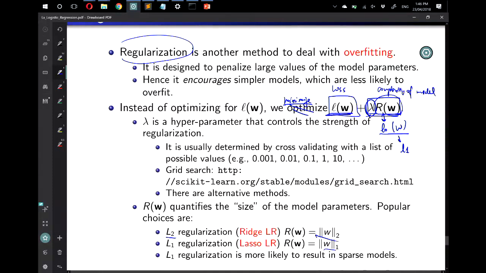For example, if my probability of this x is going to be sigma of, let's say, 7,000 times age plus 1 times gender, let's say gender already normalized into some kind of numerical value, so this is going to be our W. If we use L2 or L1, that's going to give a very huge penalty simply because this is very large. So we try not to use a very large coefficient.